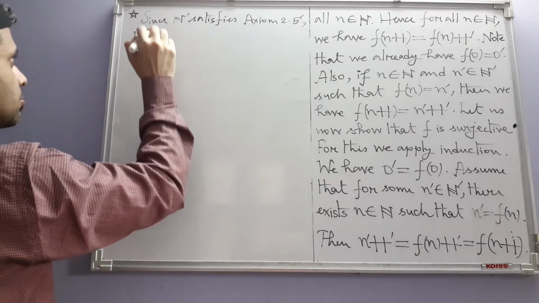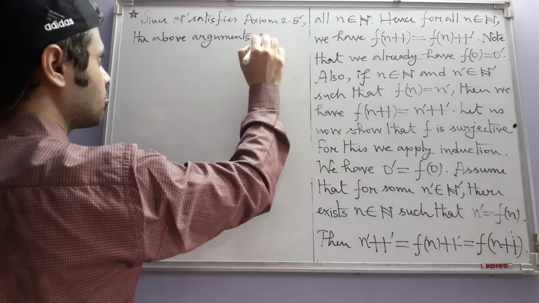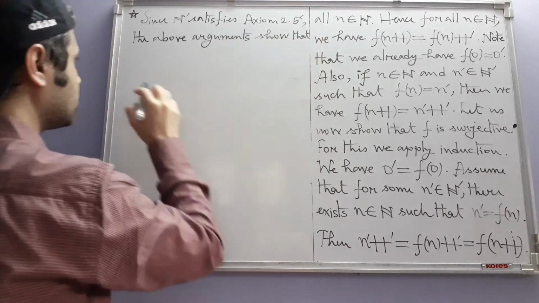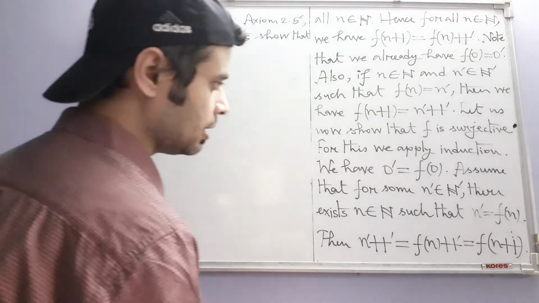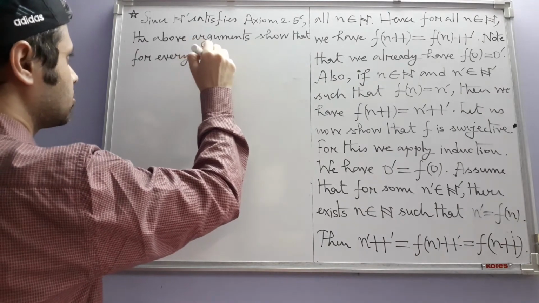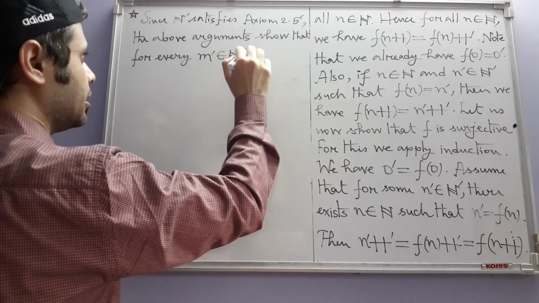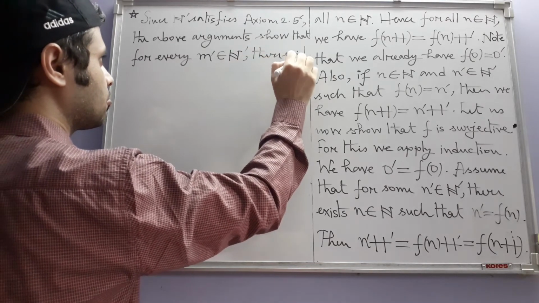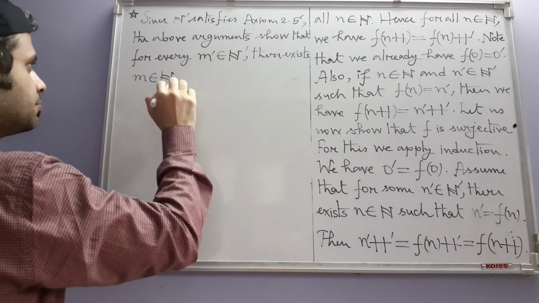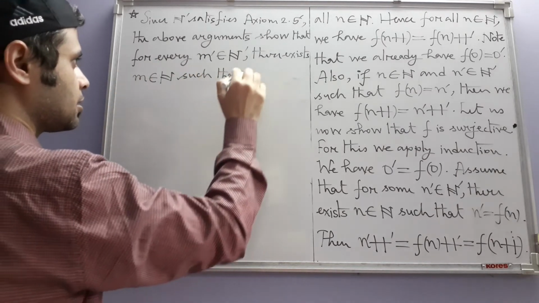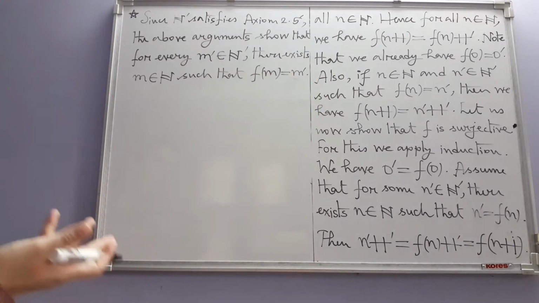The above arguments show that for every natural number, since I have used n prime here, let me just use something else, m prime belonging to every alternative natural number m prime, there exists some ordinary natural number m such that f of m is equal to m prime, and this clearly shows that f is onto or surjective.